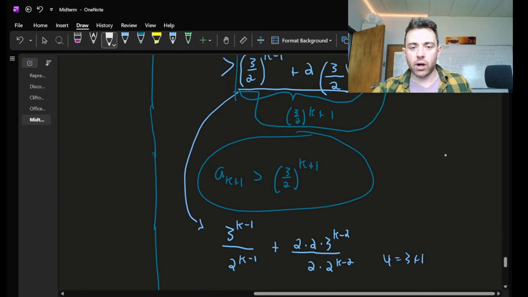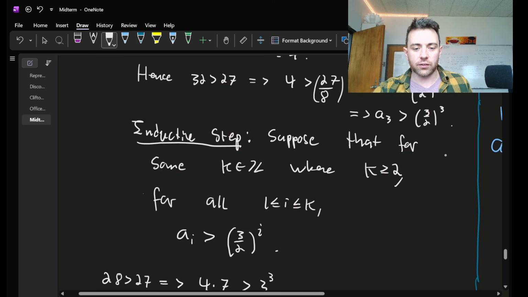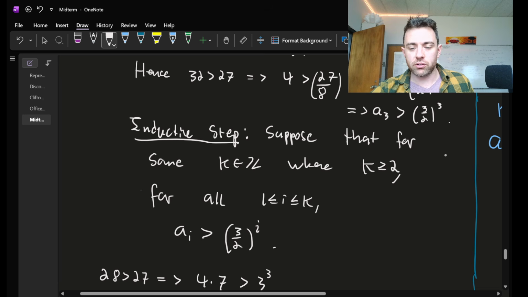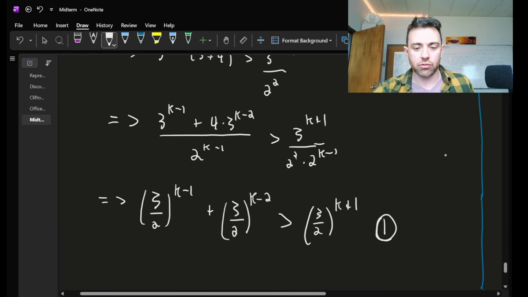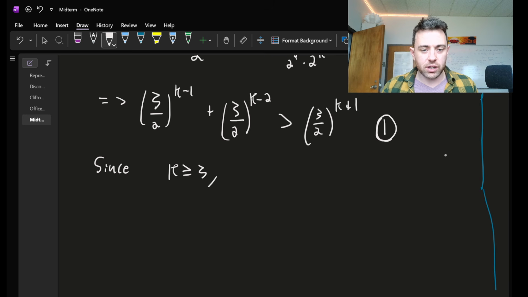So now I want to go ahead and do the induction proof, right? So I've set up my inductive step, but now I want to say something about a_{k+1}. And it's important for us that k is bigger than or equal to 3, right? So we could say something like, since k is bigger than or equal to 3, k plus 1 is bigger than or equal to 4, and that allows us to use the recurrence relation.